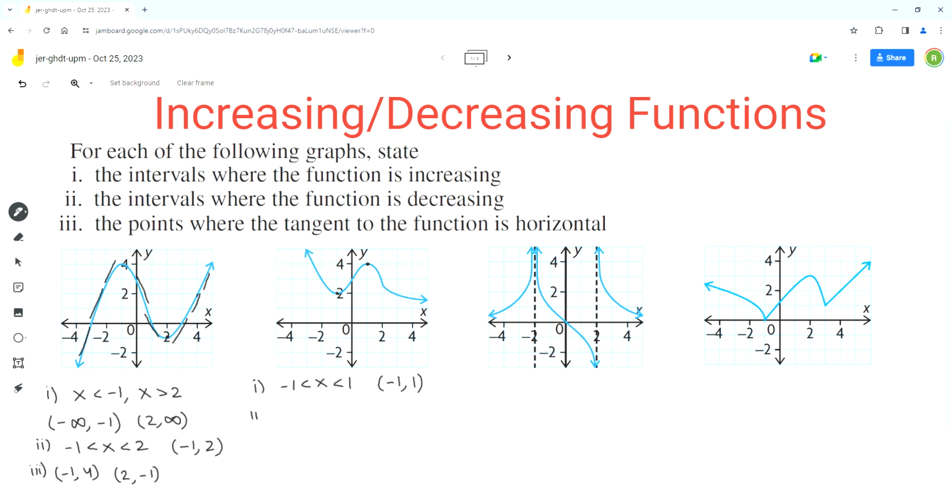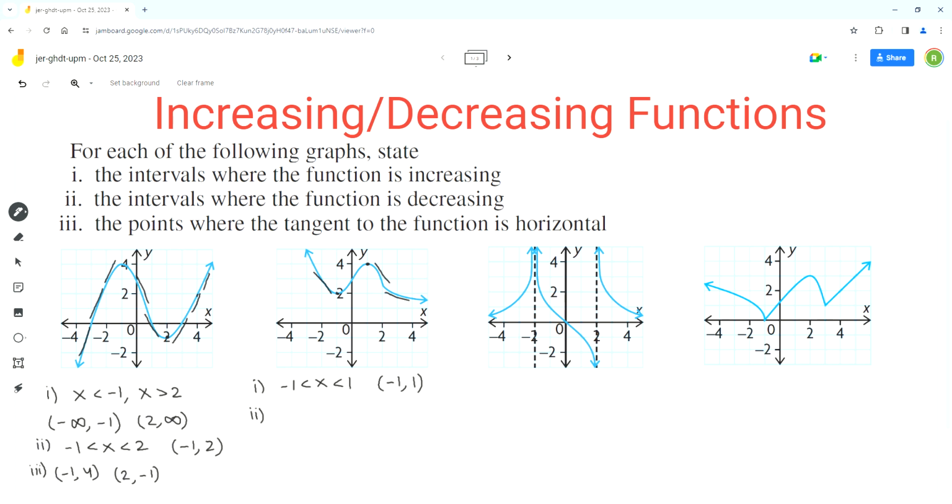Now we can answer the second question. The interval where the function is decreasing is the part in which the slope of the tangent to the curve is negative. That will be the part to the left side of x equals -1, and then the part to the right side of x equals 1.